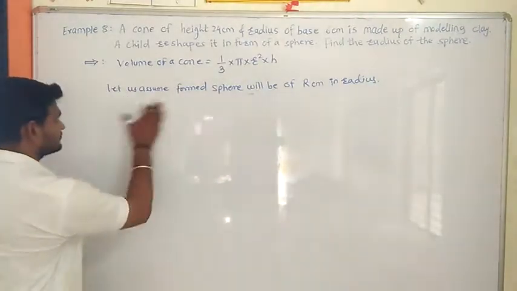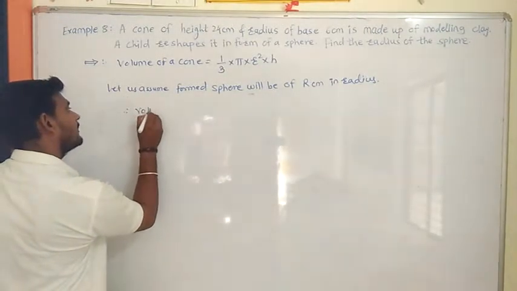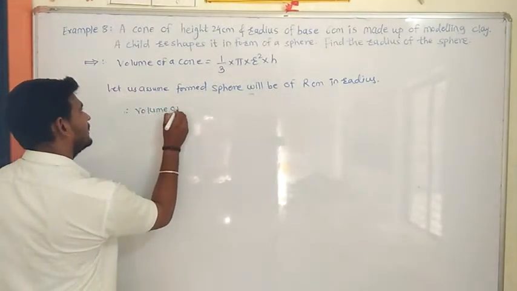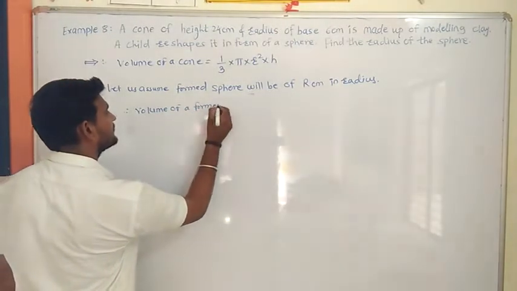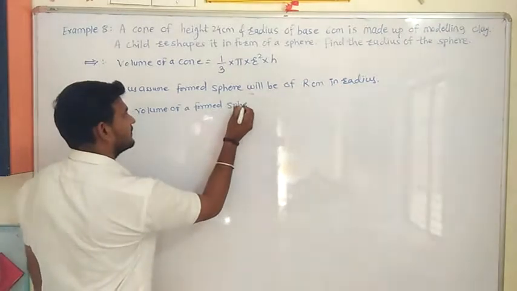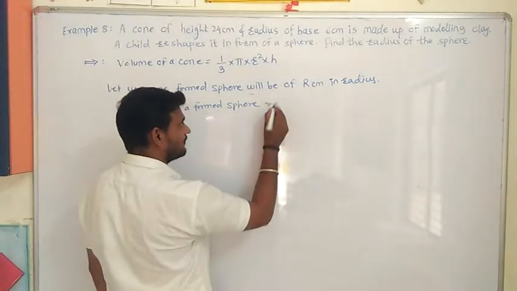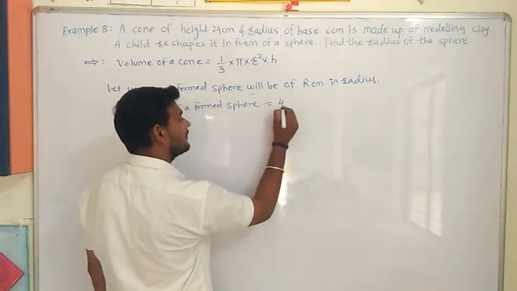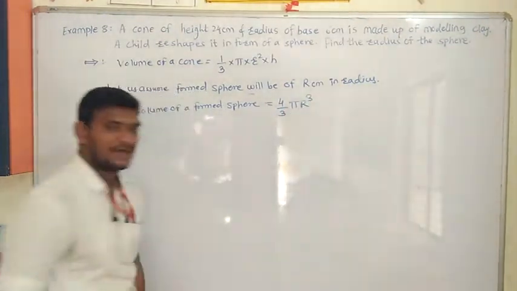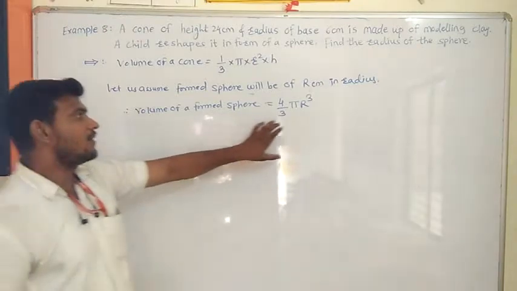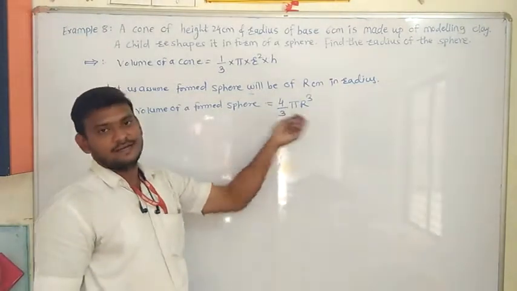Okay. Now see here. Therefore, the volume of the formed sphere is equal to, we know the volume of a sphere is 4 by 3 pi R cube. This is the volume of the formed sphere, but we don't know what the radius is.